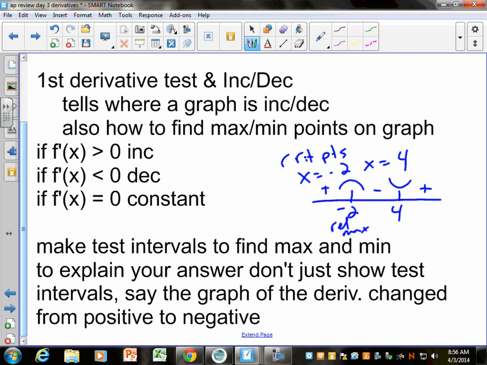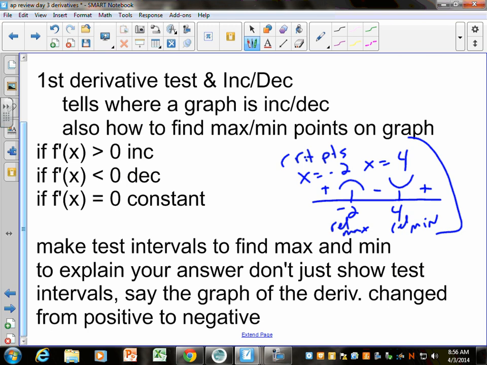This is decreasing to increasing, so that must be a relative min. And I just want to point out that that's exactly how we do it. That's how I taught you to do it. But if they ask you to explain or justify your answer, this is not acceptable justification.